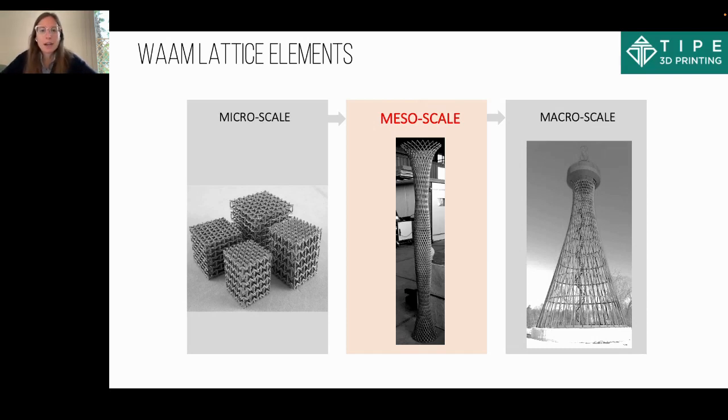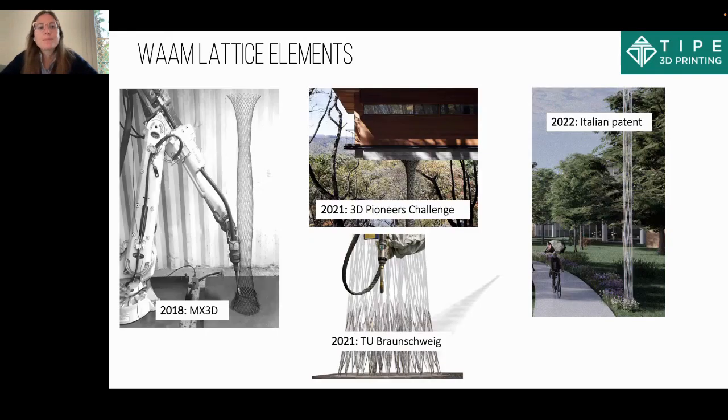Truss elements have the same principle as lattice elements, if you think about it, because they have been used for high stiffness and reduced material use, so lightweight structures with high stiffness. But we want to combine these two and go at the mesoscale, at the scale of the single structural element, either a column, a pillar, or a beam.